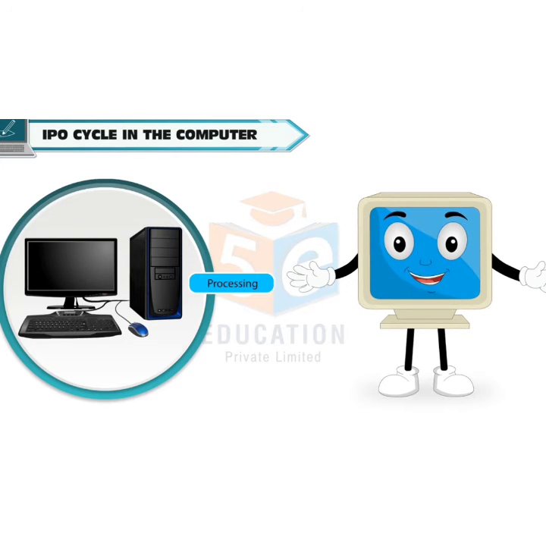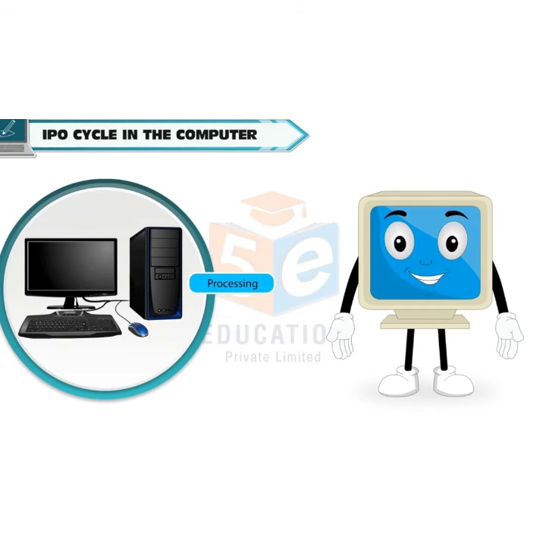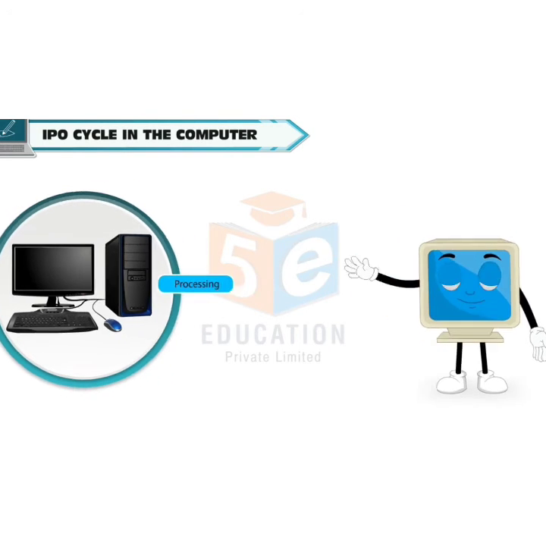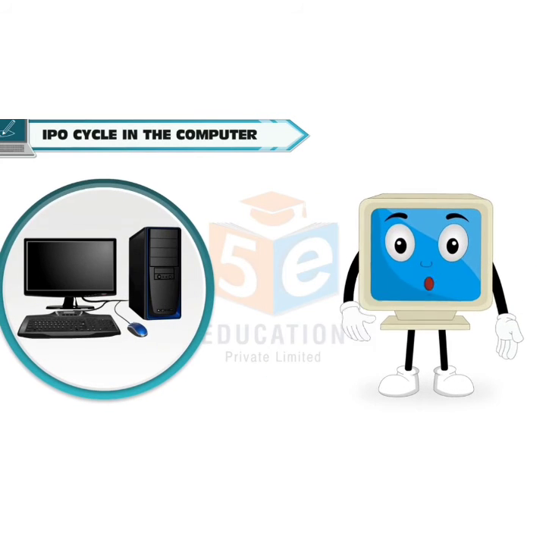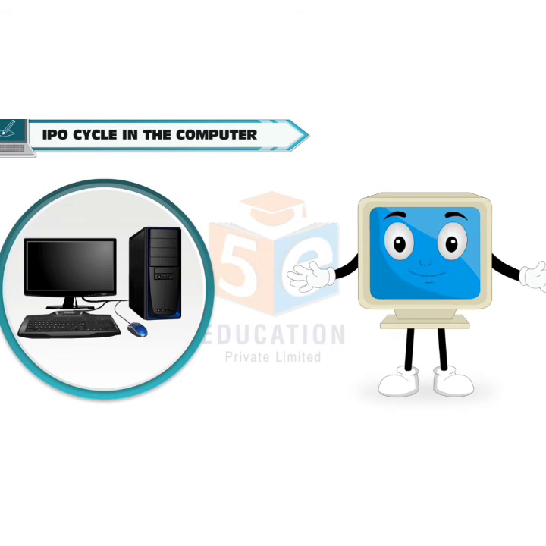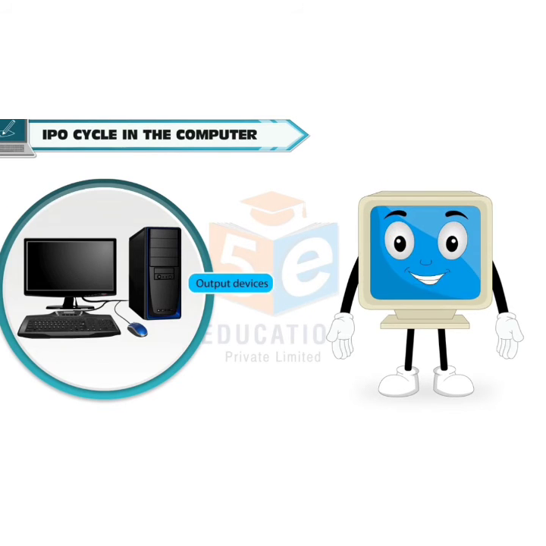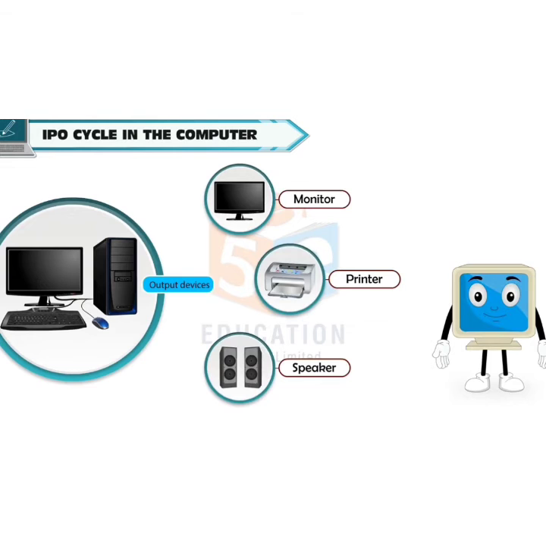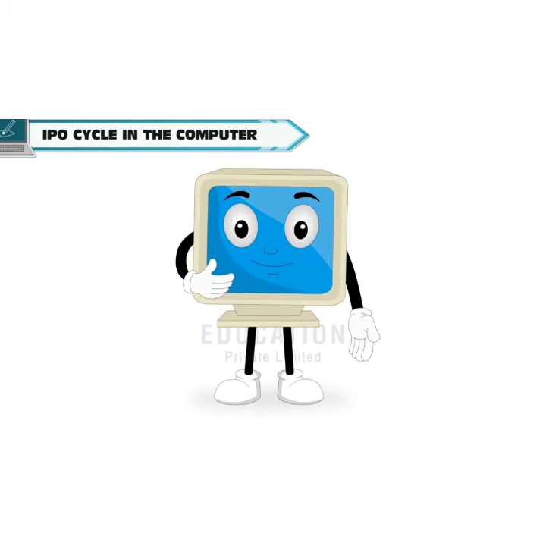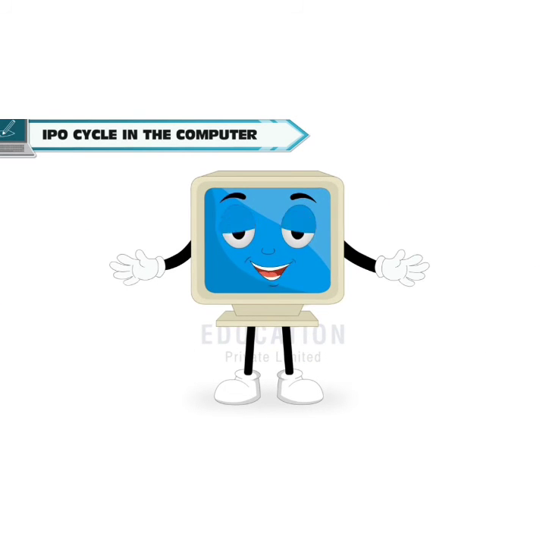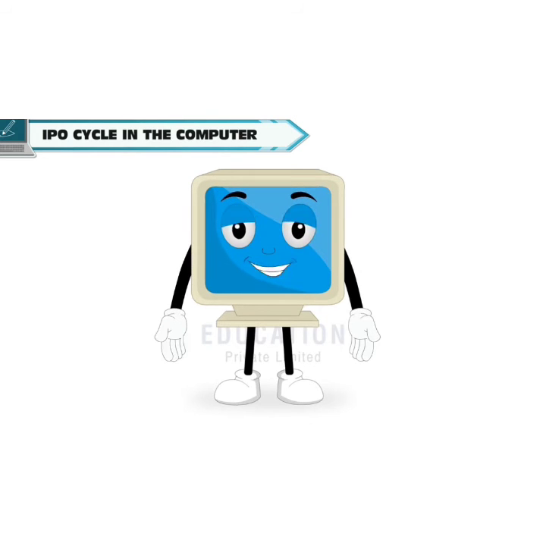Processing means working on the data according to the given instructions. Data and instructions are provided as inputs. CPU processes the data. Output is information or final result. We can see output on output devices. Output devices are monitor, printer, speaker, etc. When we provide input to the computer, there have to be 2 parts to the input.